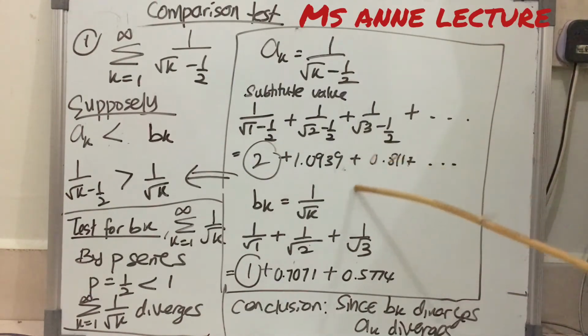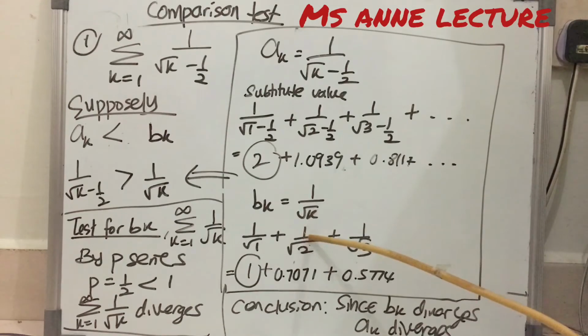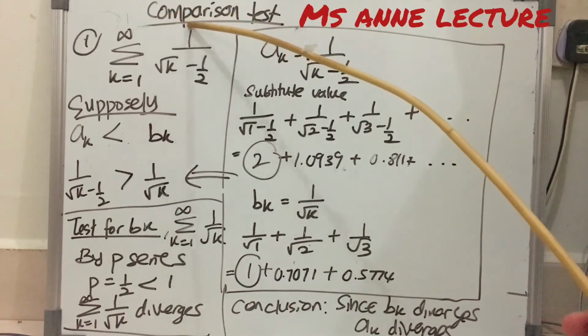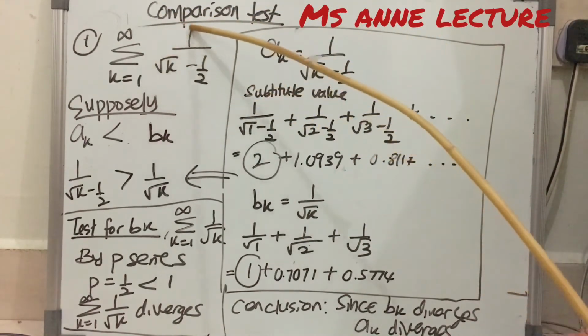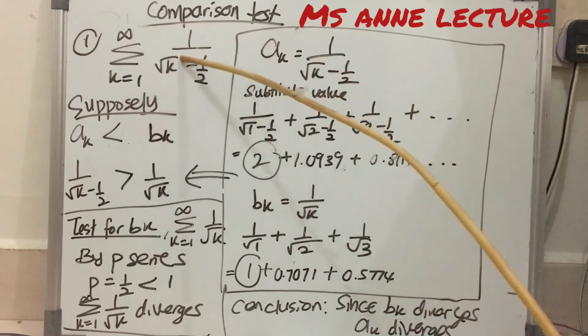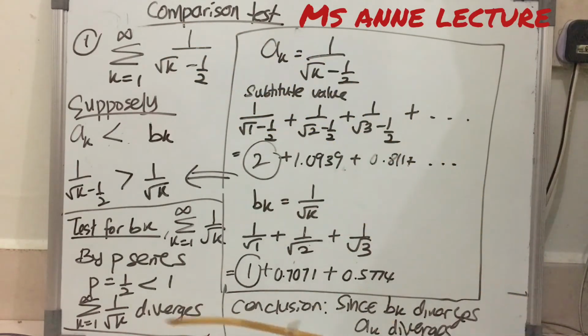Then b_k is 1 over square root k, which is usually how we find b_k. We substitute 1, 2 and 3, and we get 1 plus 0.7071 plus 0.5774. From here, when we compare the first terms, we identify that a_k is greater than b_k.